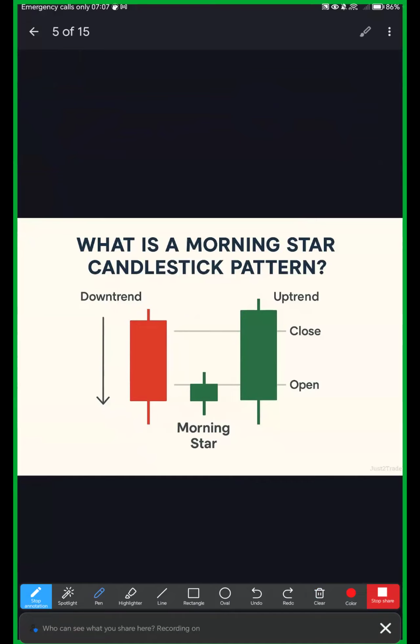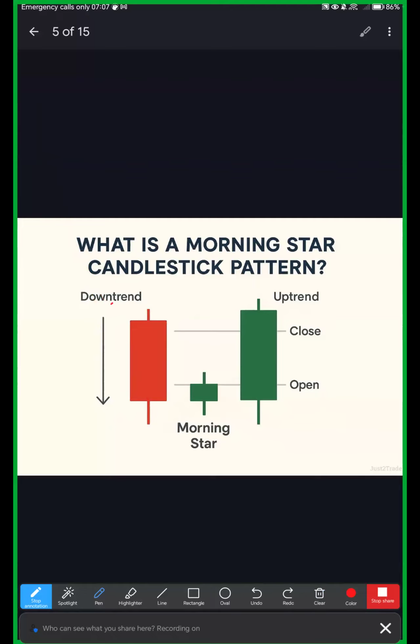So if the morning star signifies change of trend from downtrend to uptrend, obviously it should be located at the bottom of the downtrend. Now, let's look at each and every candle here in detail. The trend is a downtrend, I've already indicated that on my drawing. And then we see this candle here, which is a red candle.